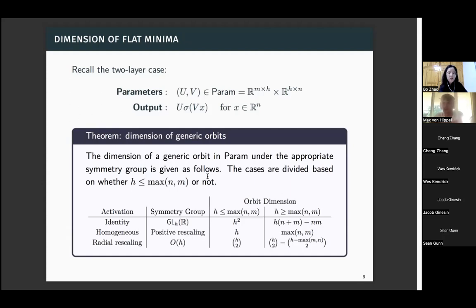And once we have that, the symmetry group would be the product group of a number of general linear groups, and then we'll compute the orbit dimension of each one of them. But that's an interesting question. I think the result we have is limited to the two-layer case.